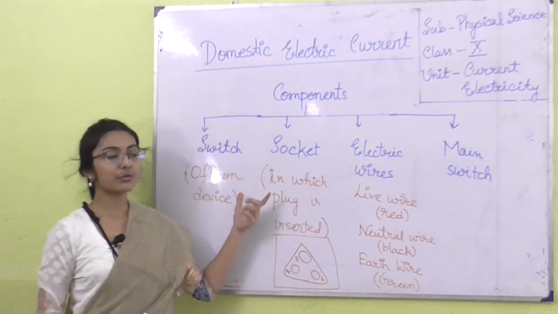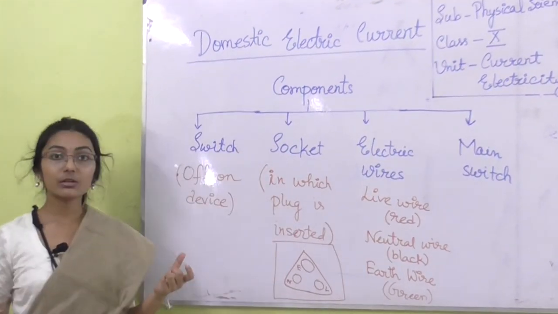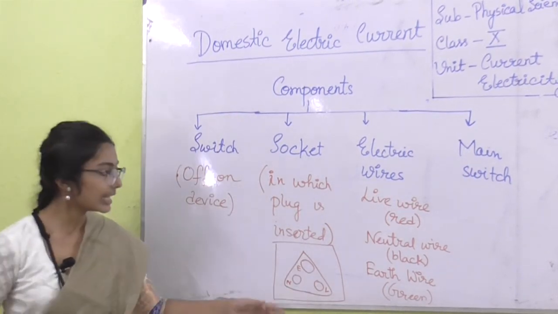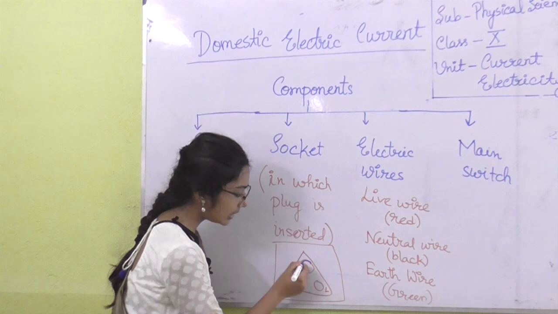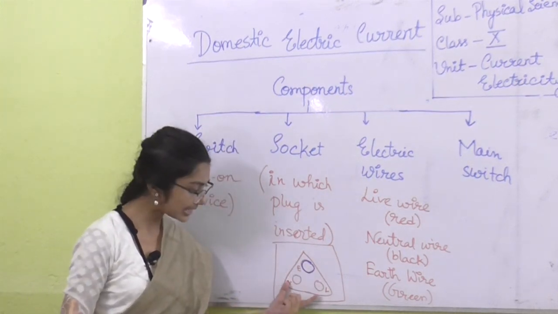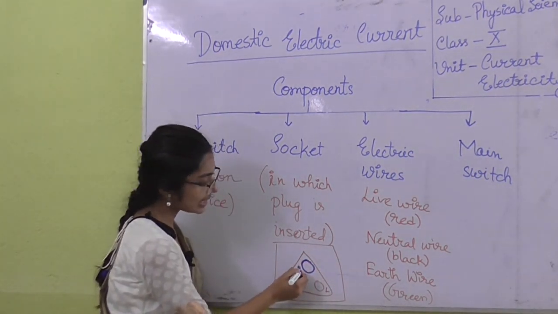Next is the socket, which is used to insert the plug. In your home, obviously you have seen electric plugs like this. There is a bigger hole, the triangular metallic base, in which the earth wire is inserted.